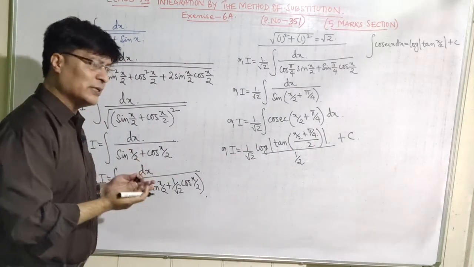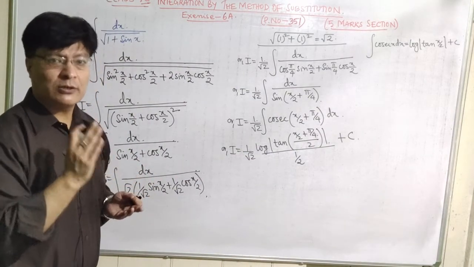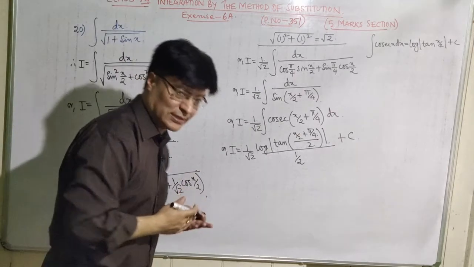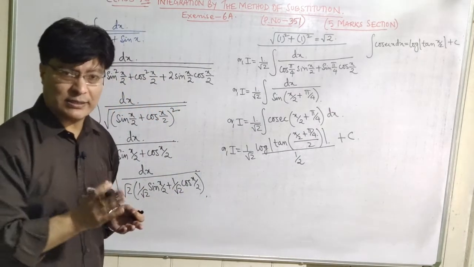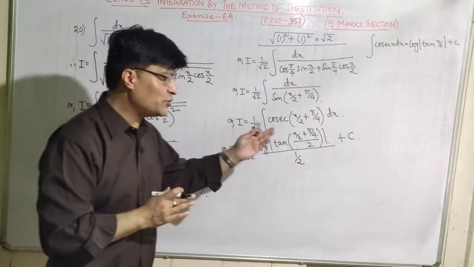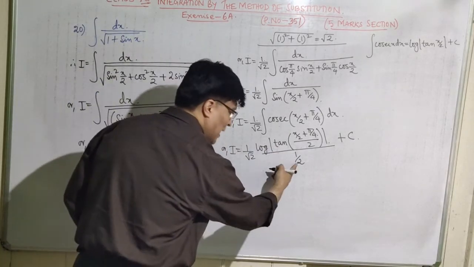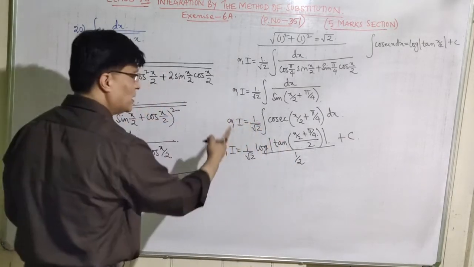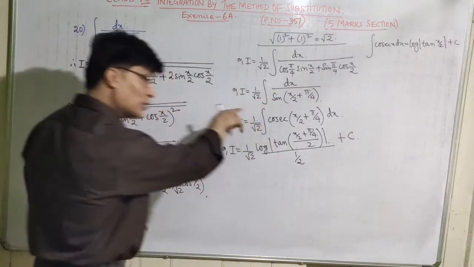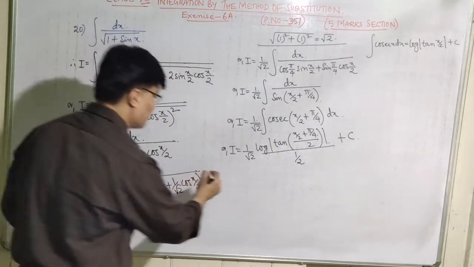So if the integration is done, then you have to write down the constant of integration in the last step, which is c. Okay. So now in this case, this half, when it goes up in the numerator, it becomes 2.